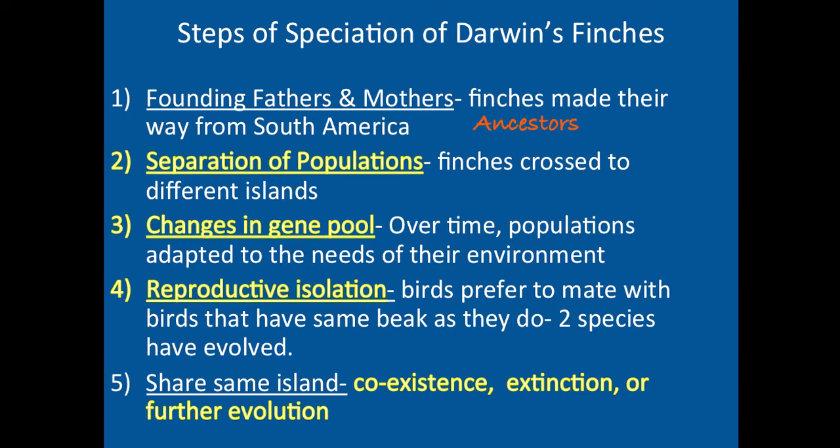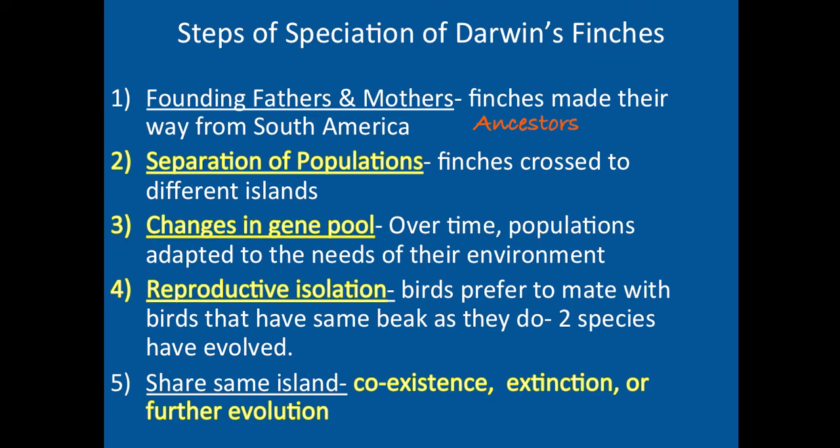Because remember, what defines a species? There are 2 requirements. They need to be able to mate, and they need to look similar. So by this step, number 4, they look different because they have different beaks according to the different islands and the different food sources. And they're mating with their like birds.